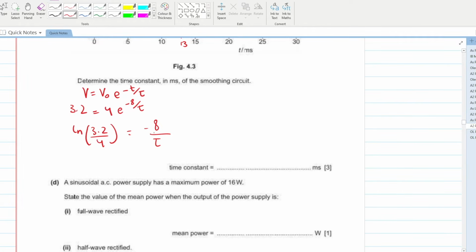This is the same as the previous question, identical. 3.2 divided by 4, what will be the answer? Tau is equal to 35.9 milliseconds.